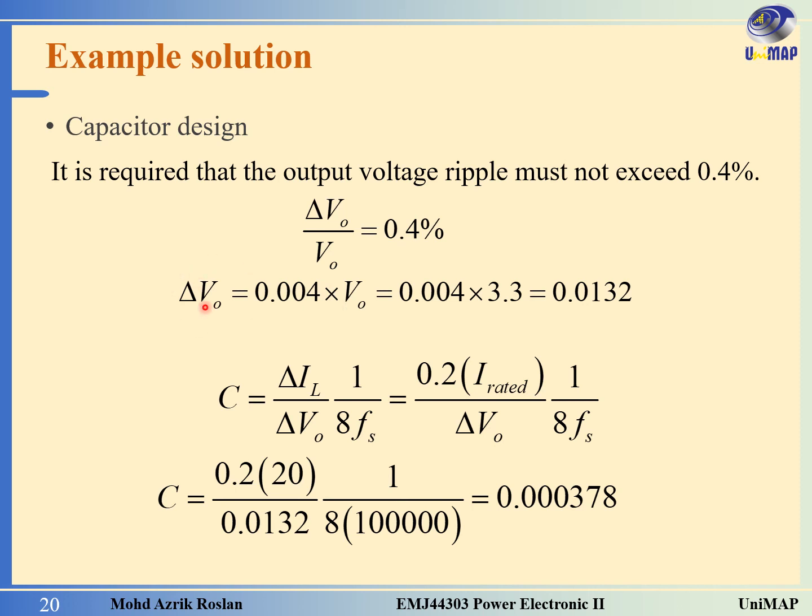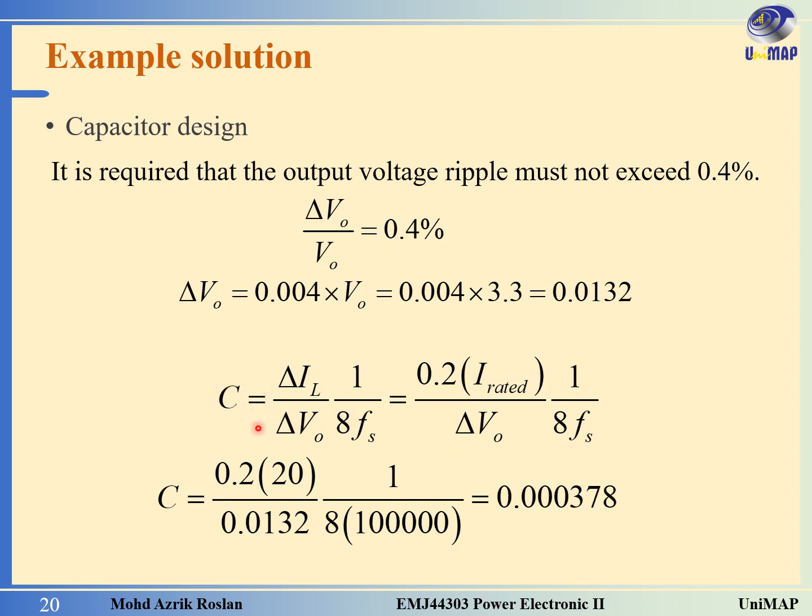We want to find the delta V out, and the value is 0.0132. So why do we need to find this? Because we want to plug it into this equation.